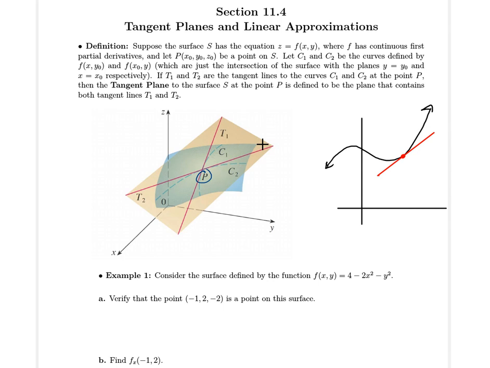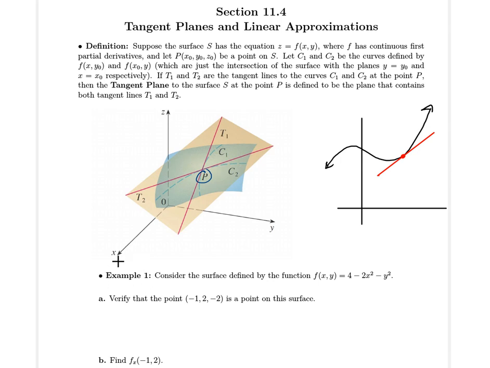And then the way we define the tangent plane is it's going to be the plane that contains both of those tangent lines. Now, what we did in the previous section with this business of finding these tangent lines is we talked about how these tangent lines are related to the partial derivatives with respect to x or with respect to y.